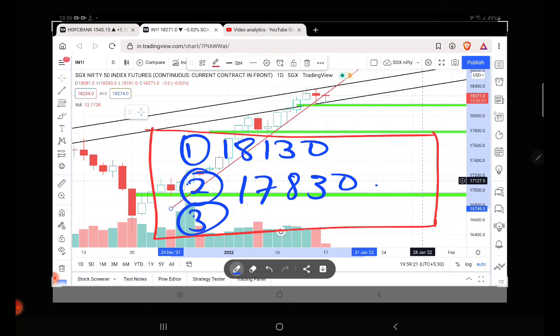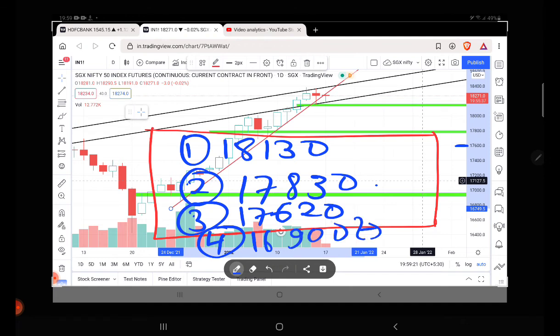Third target is 17,620, and the final target I have not shown here. This is also one target of mine, and the fourth target is here, 16,900. Yes, this is also expected. We can touch this also if some bad things happen.